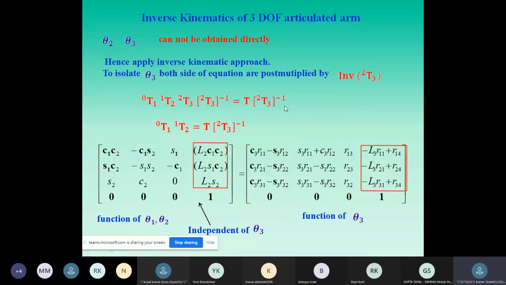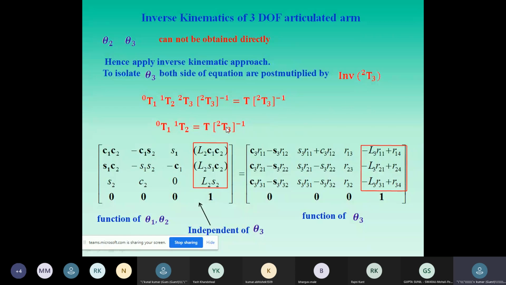The equations are given from forward kinematics, and the equations are given in end-effector position. If we multiply both sides, then the right side equation is a function of theta 3 only.